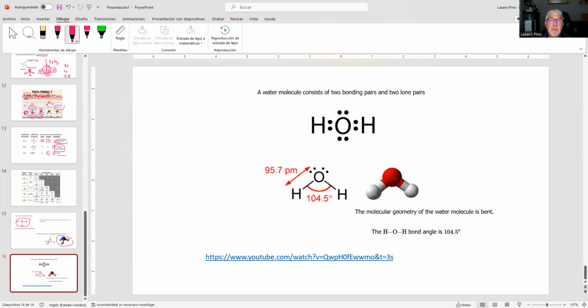And because of this structure, you can see that water has more negative charge in this place and more positive charge in this place. That's why we have a dipole moment between the atoms of hydrogen and oxygen. And that's why water is a polar substance.